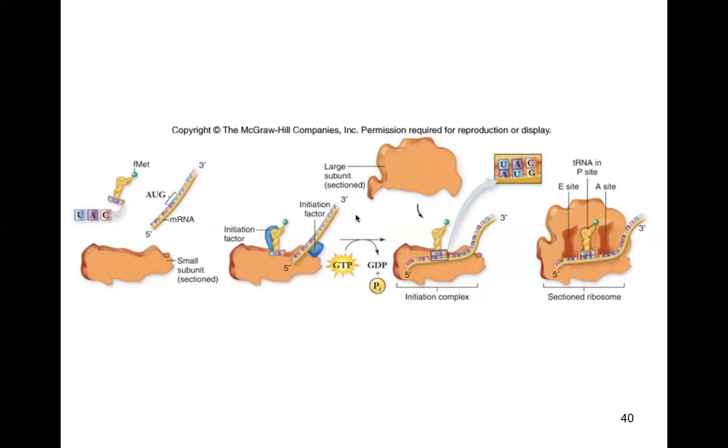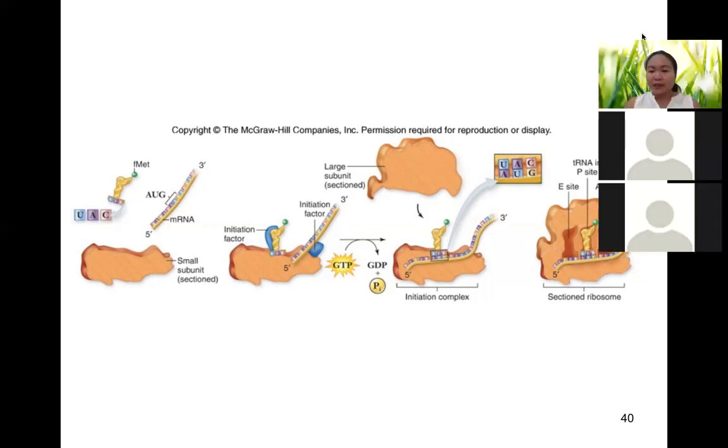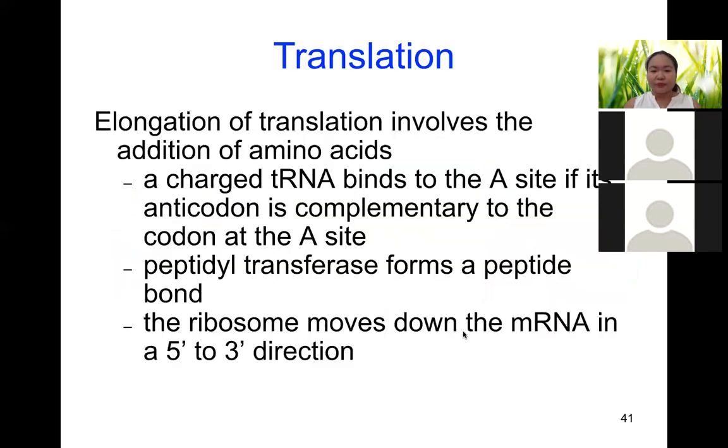So I will not explain further, because anyway, this is really very technical and very deep already compared to our practical science. But I just want to show you how this translation takes place. What was mentioned earlier, the initiation complex and so on.